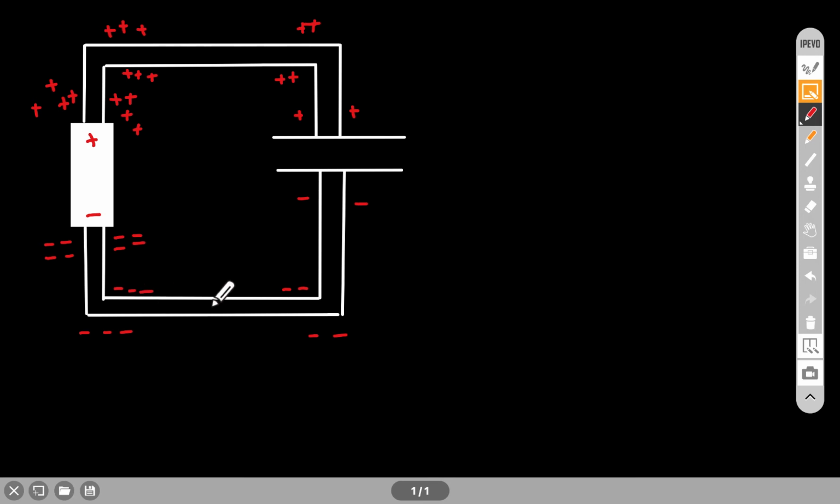So I've done here a similar circuit. I have the battery with the positive side, and this is the capacitor. Now this is the wire, and what I'm showing here is that once you make the connection between the wire that connects the capacitor to the battery, it takes an amount of time on the order of nanoseconds, so that would be 10 to the minus 9 seconds.